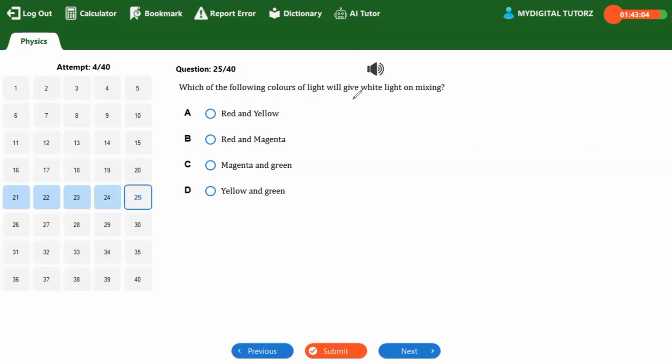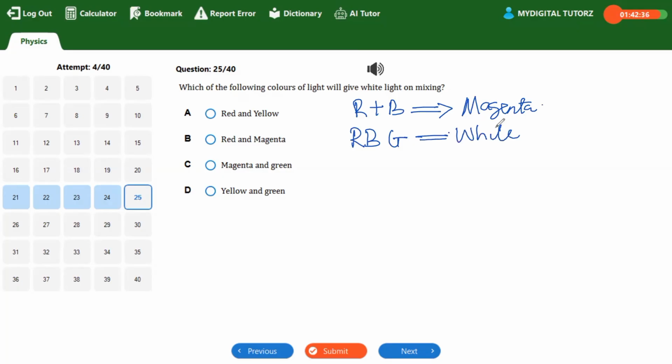If you know the color triangle, you know that red plus blue gives magenta, right? And white light, if all the three colors, your red, blue, and green, are mixed in a normal proportion, it will give us white light. Take note. Is that clear?